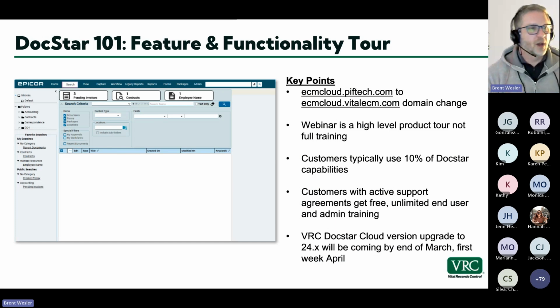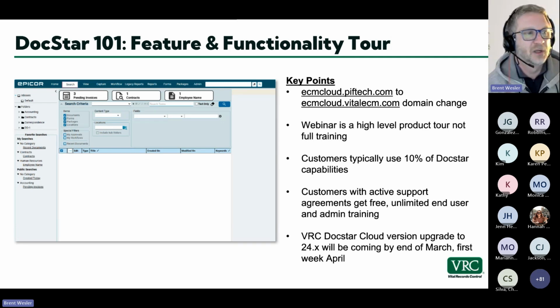Key points: many of you that are on our cloud, not on-premise, may have noticed that with PIF's assets being acquired by VRC on December 18th of last year, we had to move the domain. Unfortunately, some of you may have experienced some service interruptions because of that.